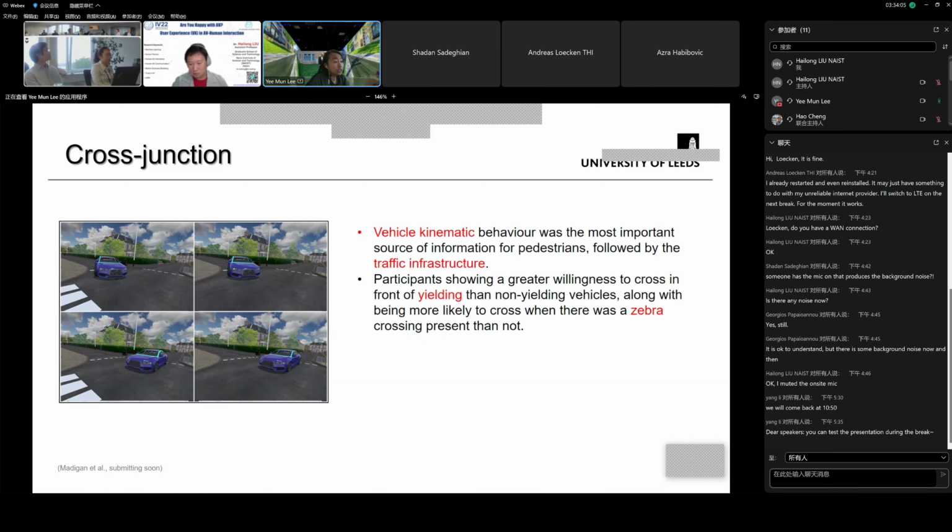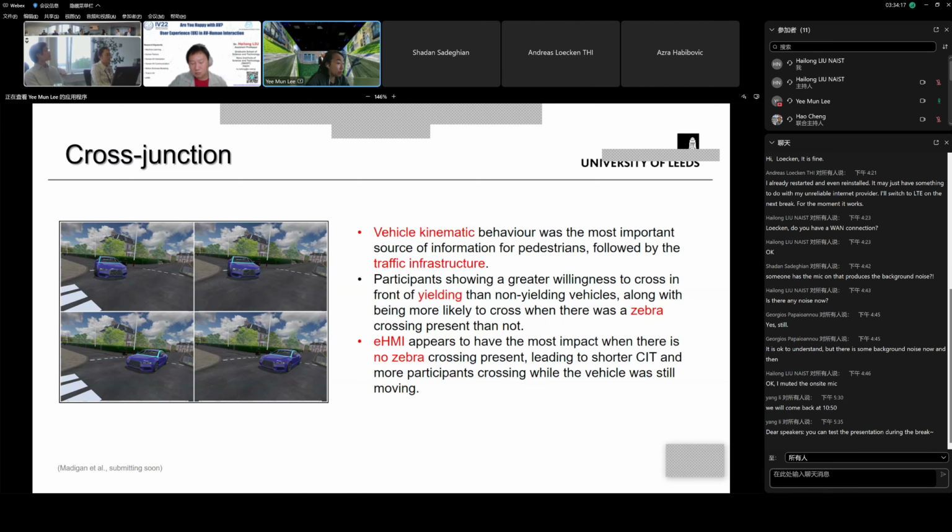People are more likely to cross when the vehicle is yielding versus non-yielding, as well as more likely to cross when there is a zebra present as compared to when there is no zebra present. And eHMI appears to have the most important impact when there is no zebra crossing present. So when there's a zebra, whether the eHMI is present or not did not make much of a difference.